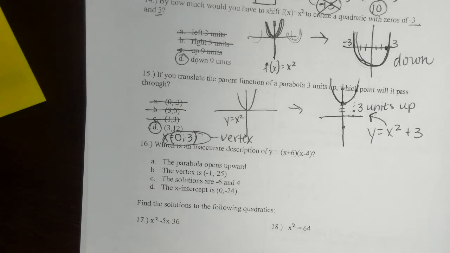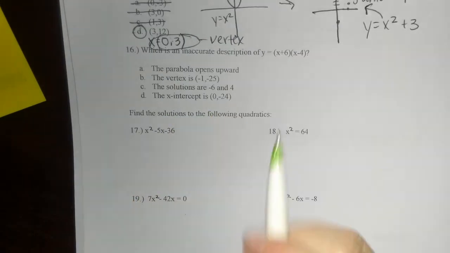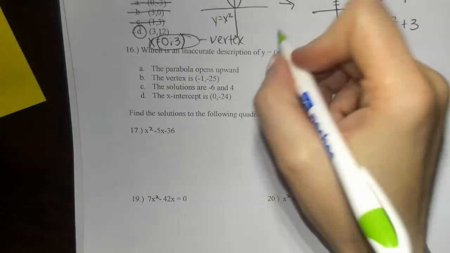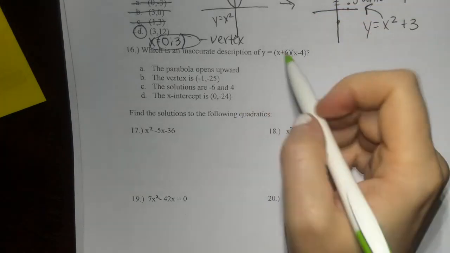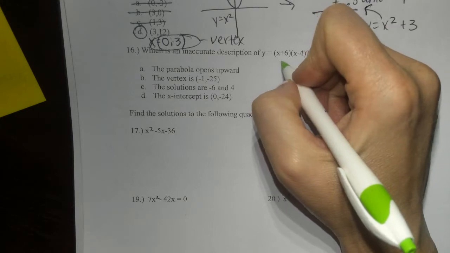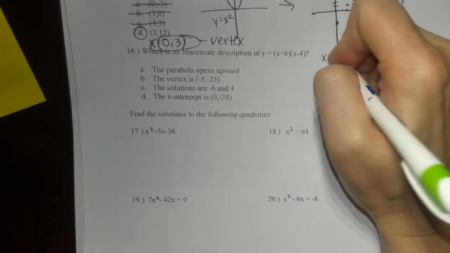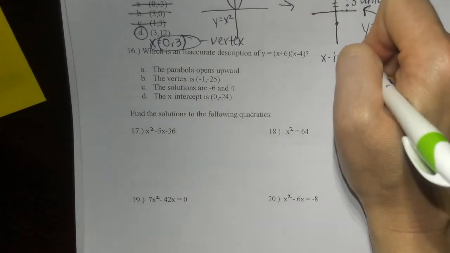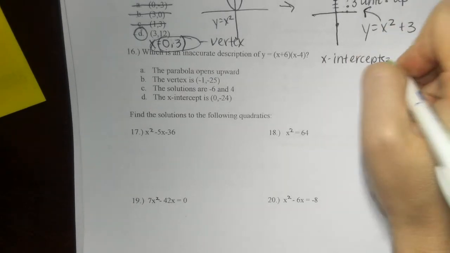Moving on. Which is an inaccurate description of y equals x plus 6 times x minus 4? Okay, so let's go ahead and look at this and see what the x-intercepts would be here. We can gather that from here.